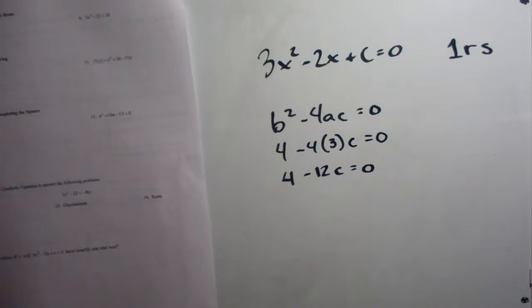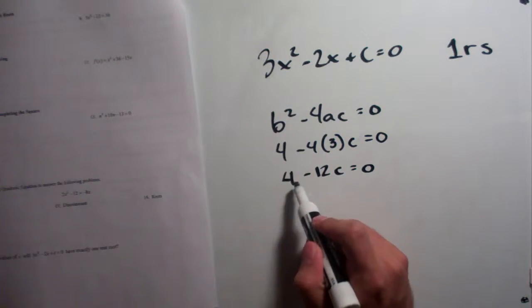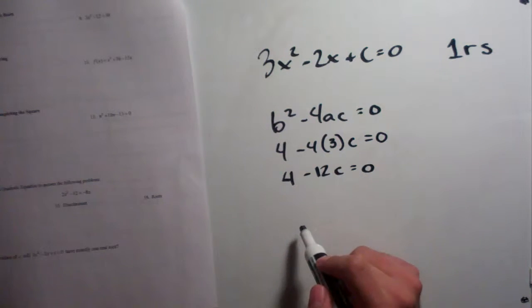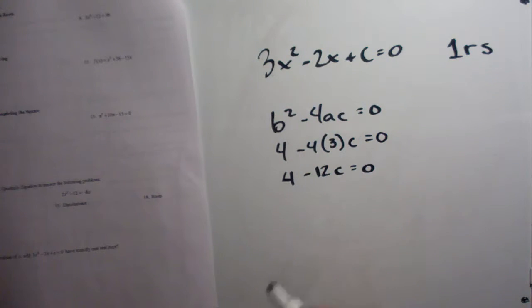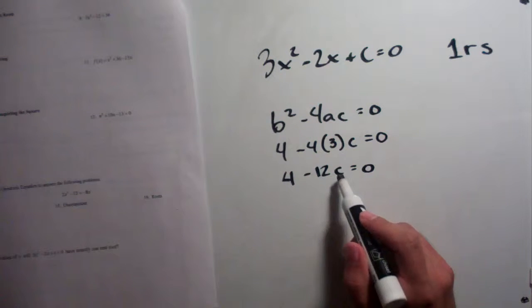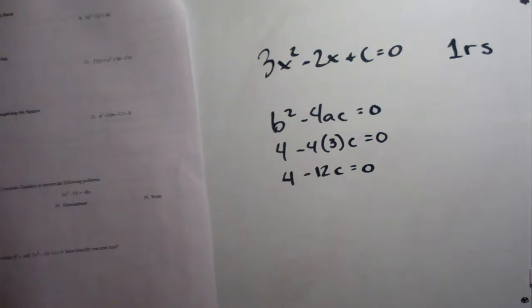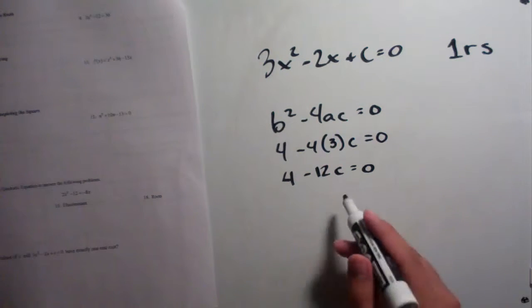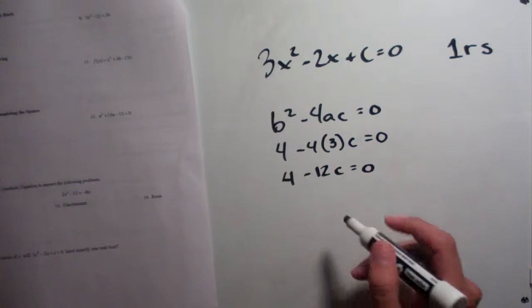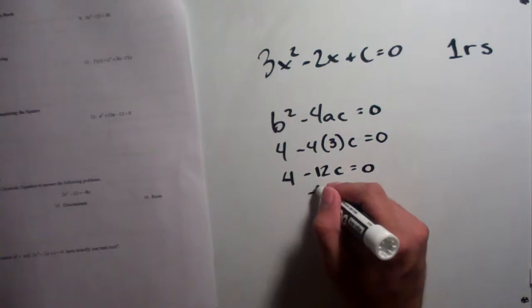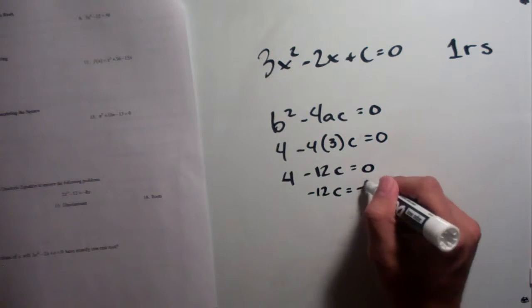At this point, I'm figuring out, how can I make 4 minus 12c equal to 0? We need to figure out what I can plug in for c to make this entire left expression equal to 0. We're not quite sure, so what we can do is actually solve this. Just by solving for our variable here, we would subtract 4 from both sides. So I'd have -12c equal to -4.